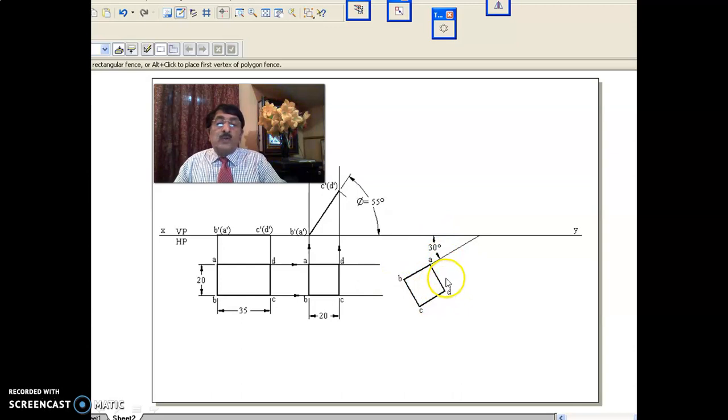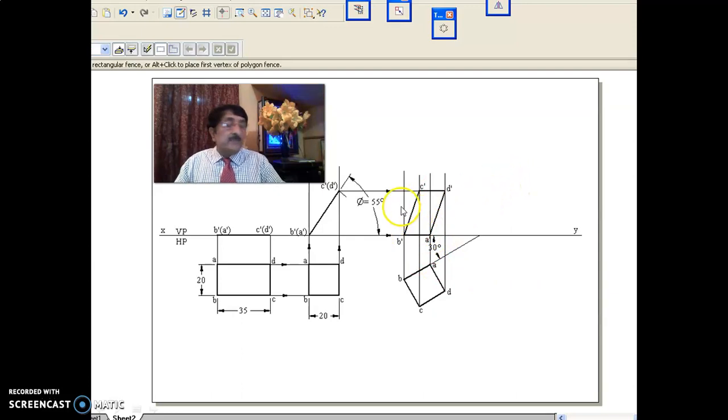Now, in this position, what you should immediately imagine is, it is a rectangular lamina 20 by 35, appearing as a square in the top view, for 55 degrees, which you have found out already, and the edge on HP, that is AB, is inclined at 30 degrees to VP. In that way, you take the projectors up, get A dash, B dash, C dash, D dash, and draw. In that way, you are completing the rectangular lamina problem, a slightly tricky problem.